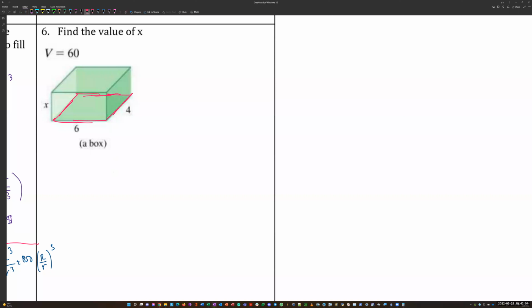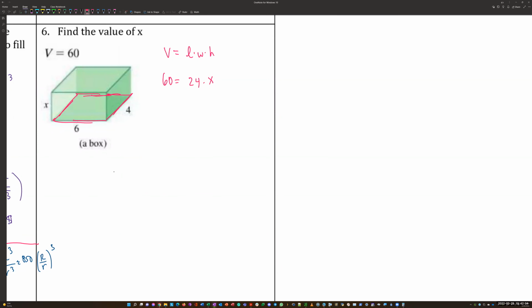Wouldn't that be simply 60 equals 6 by 4 by X? That's correct. We just use the formula volume equals length times width times height. 60 would have to equal 6 times 4 times whatever the height is. In this case, they're calling that X. So we just said 6 times 4 is 24.